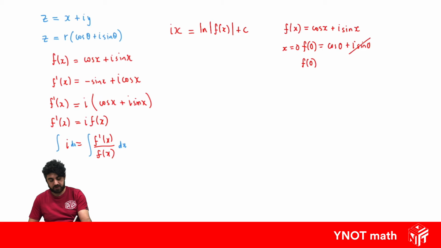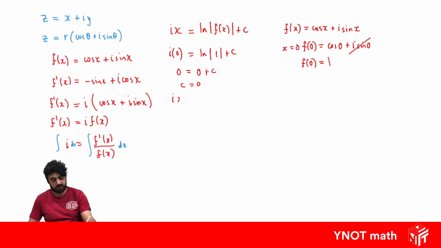So we get f of 0 equaling 1. And we can go ahead and sub that into our equation now. So we know when x is equal to 0, f of x equals 1. So we're going to get the ln of the absolute value of 1 plus a constant. 0 times i is 0. The natural log of 1 is 0. So we just get c equals 0.